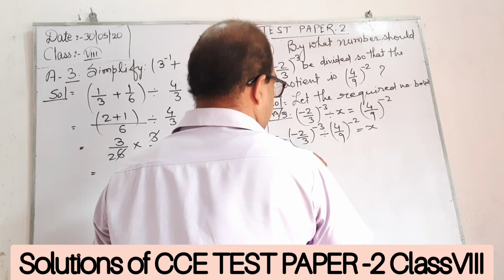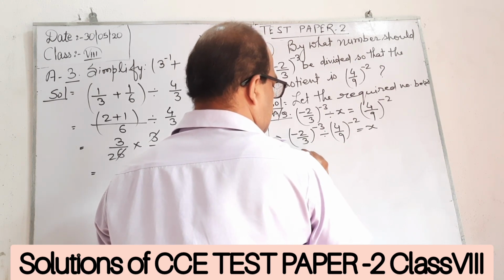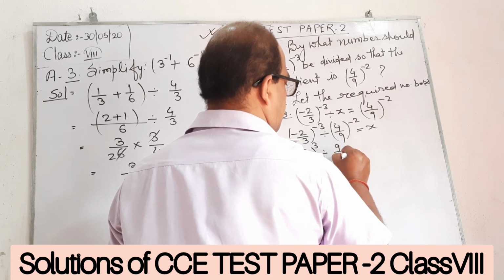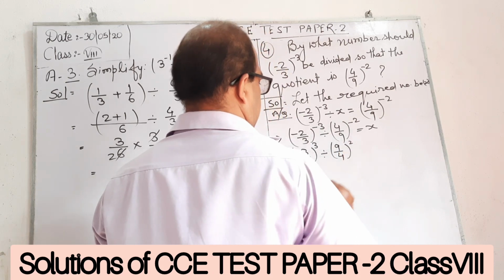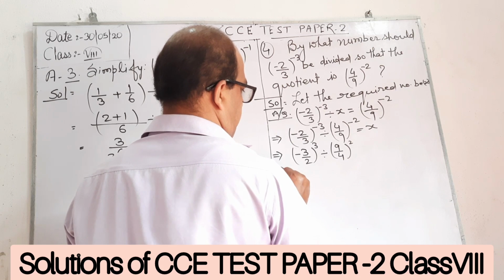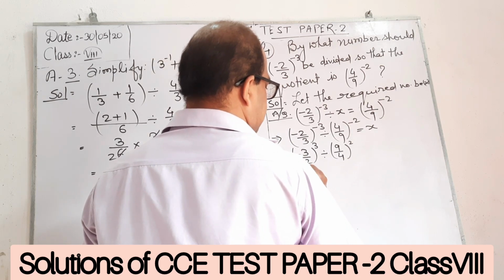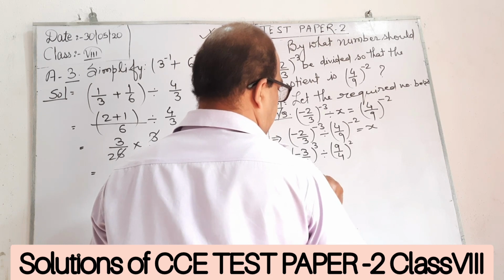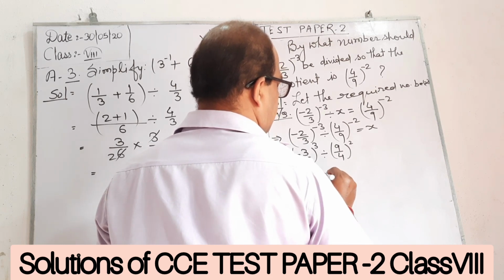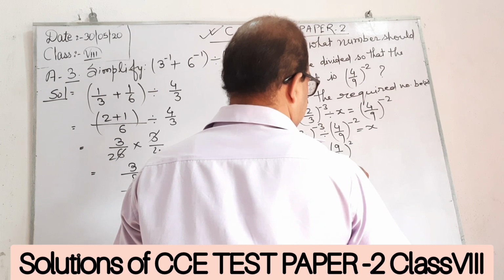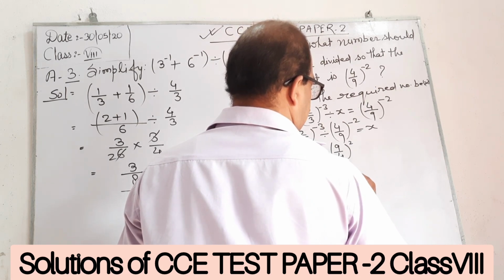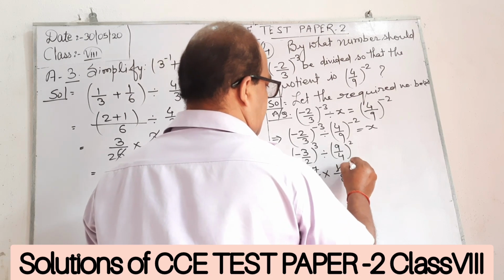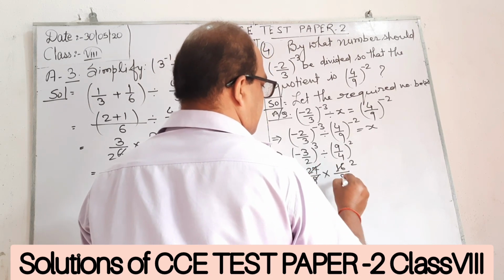When you write it, minus 3 by 2 to the power 3 divided by 9 by 4 to the power 2. 3 3s are 9, 9 3s are 27, minus 27 by 8 into 4 4s are 16 and 9 9s are 81. 8 2s are and 27 3s are.